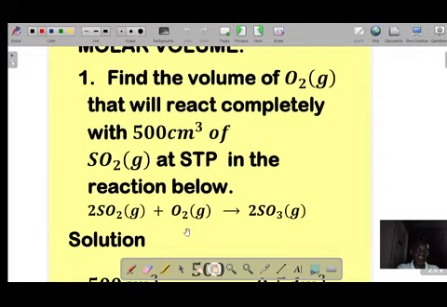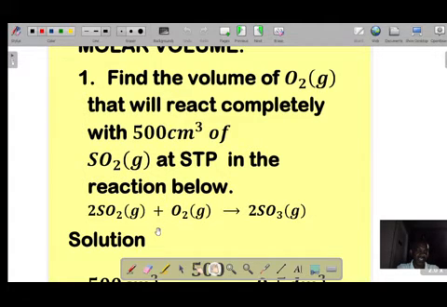Let me explain again. The question says find the volume of oxygen gas altogether that will react completely with 500 cubic centimeters of sulfur dioxide gas at STP in the reaction below.